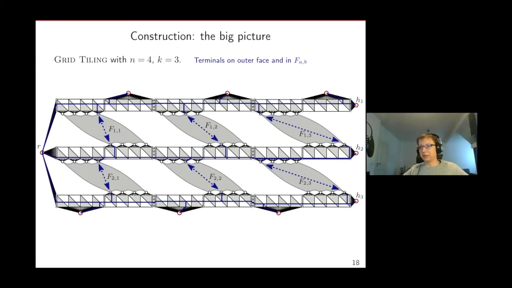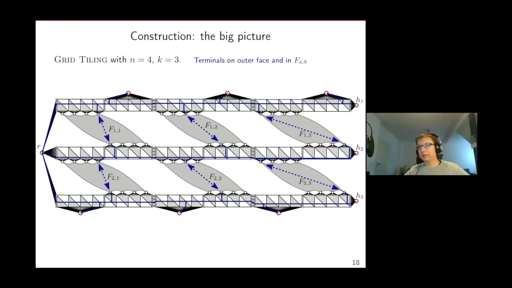All the terminals of the instance will be either on the outer face, or they will be in these gadgets F, which I will get into next, because that's, I guess, the most important part here. And so how does this reduction work?